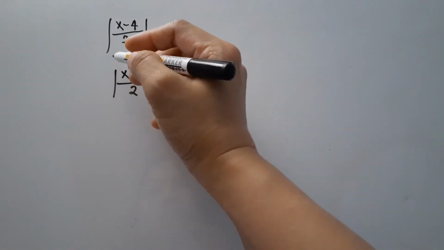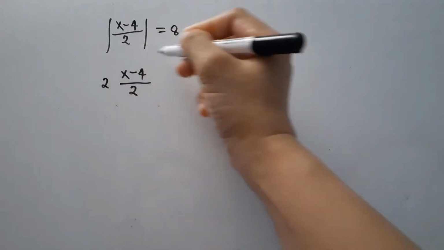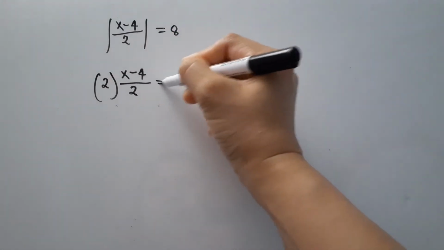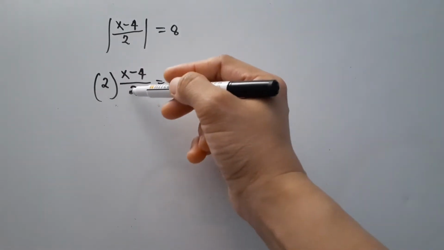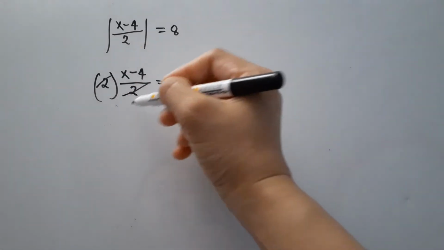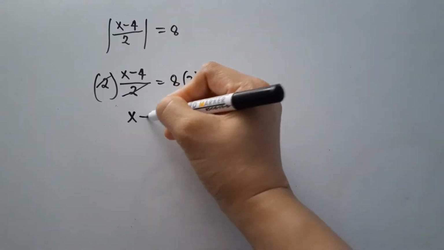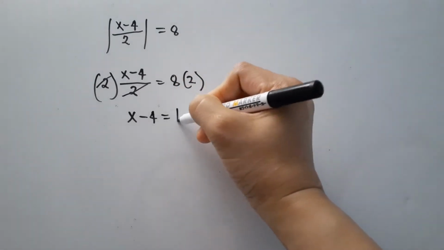So 2 divided by 2 is equal to 1, times x - 4 is equal to x - 4.